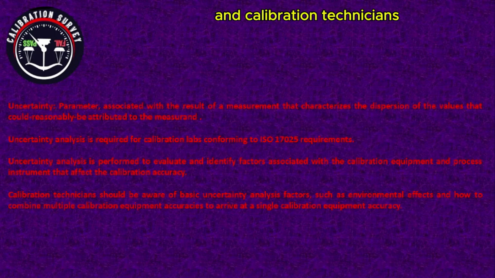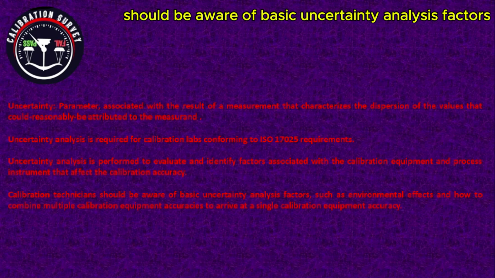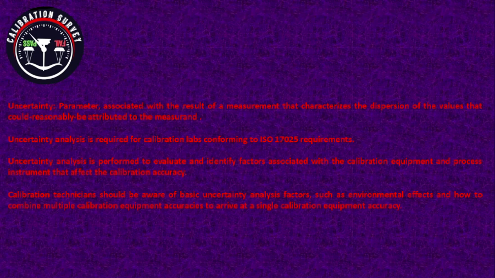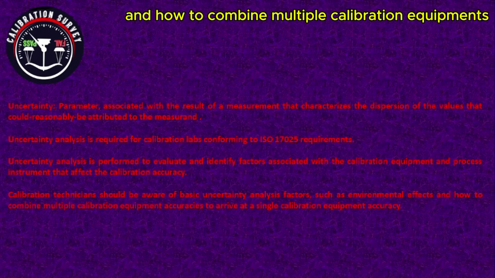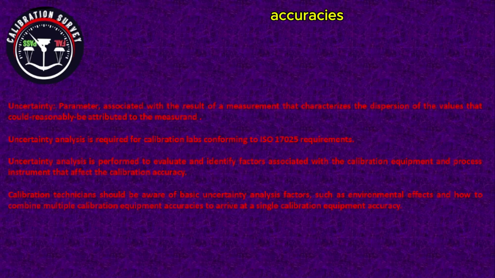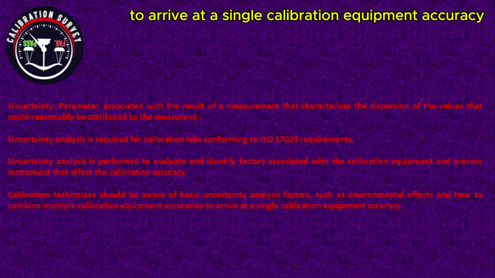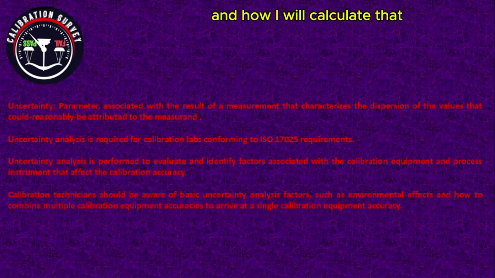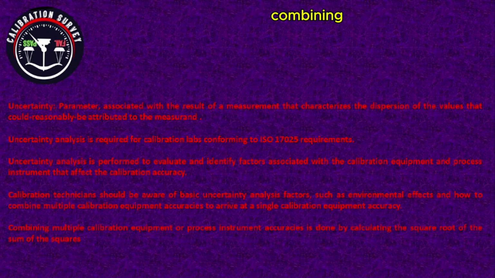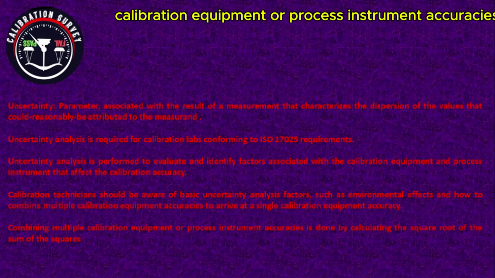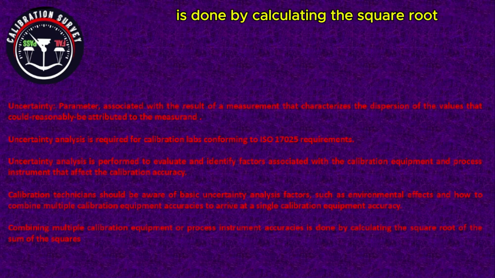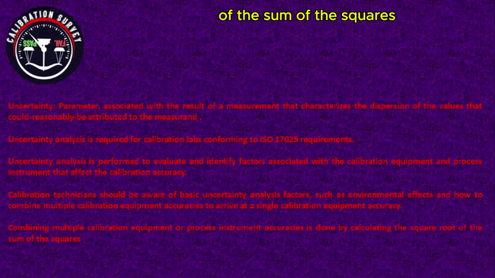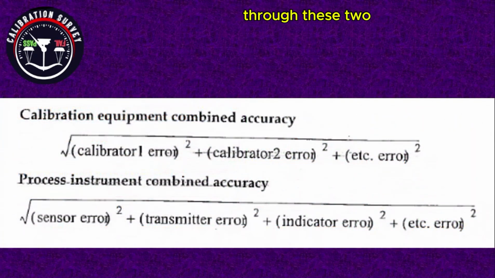And calibration technicians should be aware of basic uncertainty analysis factors such as environmental effects and how to combine multiple calibration equipment accuracies to arrive at a single calibration equipment accuracy. And how will I calculate that? Combining multiple calibration equipment or process instrument accuracies is done by calculating the square root of the sum of the squares through these two formulas.